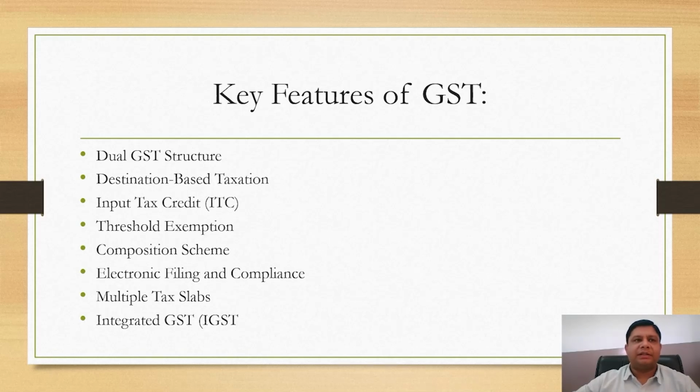Eighth feature, integrated GST, that is IGST. It is levied on interstate supplies of goods and services. It is collected by the central government and then apportioned between the central and state governments.